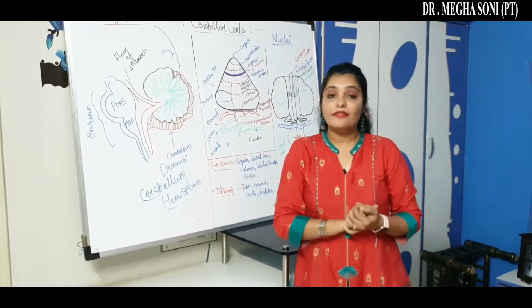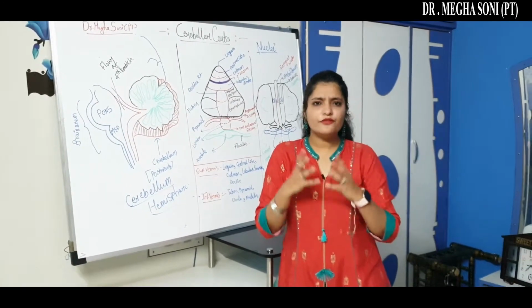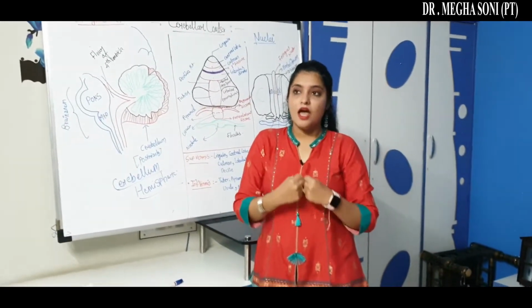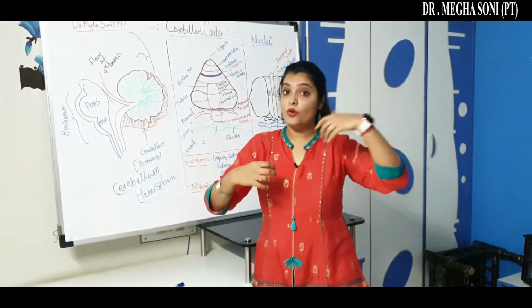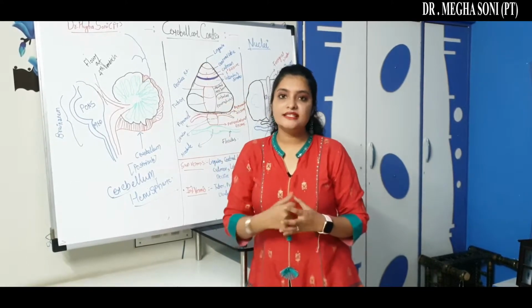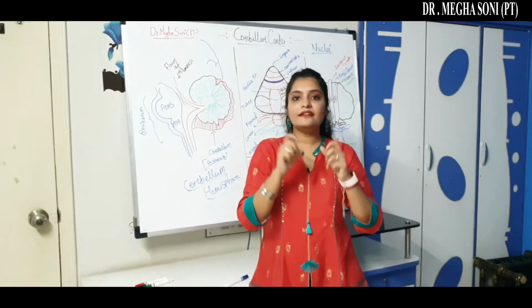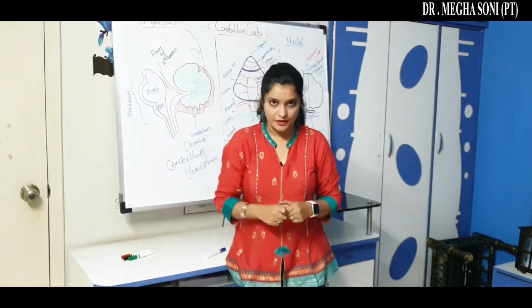Right? Fine. Now, the second thing, the cerebellar cortex has a few unique fibers: fibers which are going from the cerebellar cortex and fibers which are coming to the cerebellar cortex. So the cerebellar cortex has a unique type of Purkinje fibers.